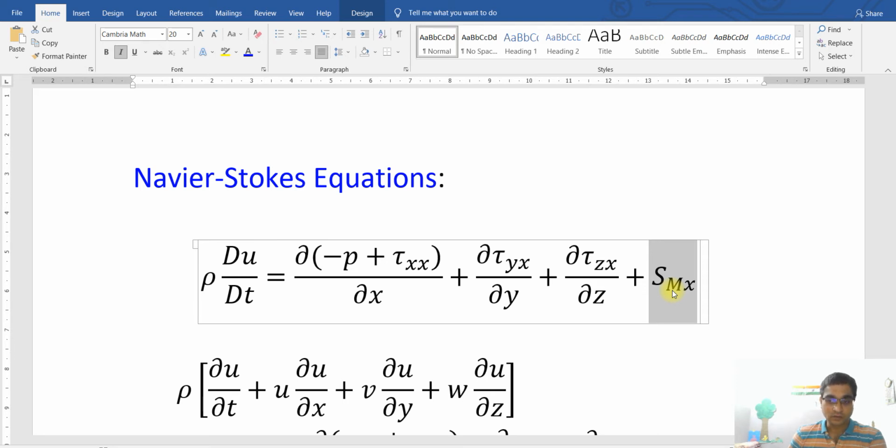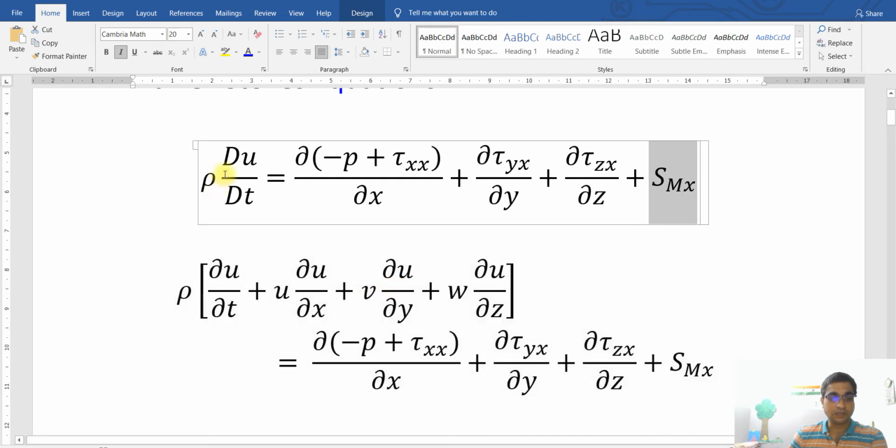Most of the time, it can be the gravity force also. So instead of SMx, you can also see rho times g into the volume of the fluid particle. Now here we are going to express these terms in more detail.